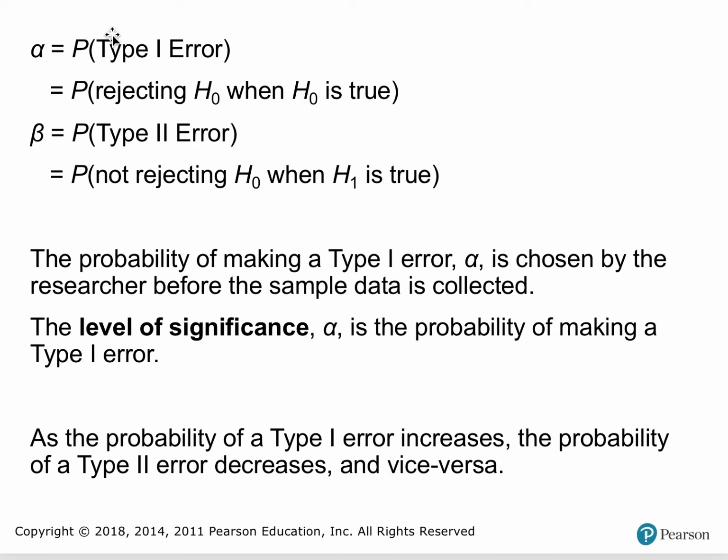In other words, 1% chance that you've made that error. However, if the consequences aren't that severe, you might choose a 0.05 or a 0.1, a 5 or 10% chance that you've made the error. So in other words, as the probability of a type 1 error increases, the probability of a type 2 error decreases, and vice versa.